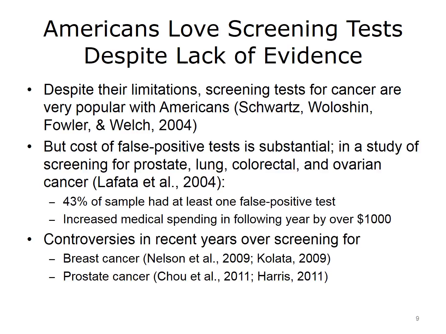In recent years, there have been major public controversies over screening tests. In 2009, a review of the evidence called into question the value of mammography screening for breast cancer in women under 50, raising concern that for this population, the screening test caused more harm than benefit.